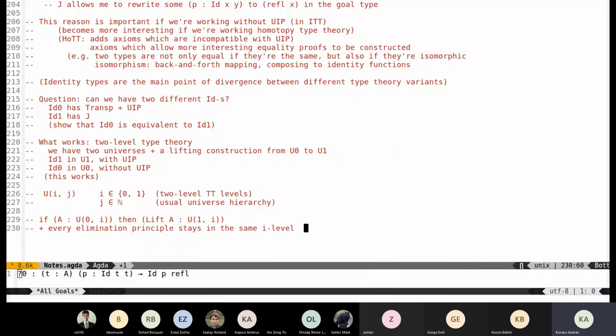So this is the crucial ingredient of two-level type theory, because otherwise it would be just a normal universe hierarchy. But if I do this restriction that every elimination principle stays in the same i level, then it behaves a bit differently. And in particular, it allows us to have different identity types in different levels.